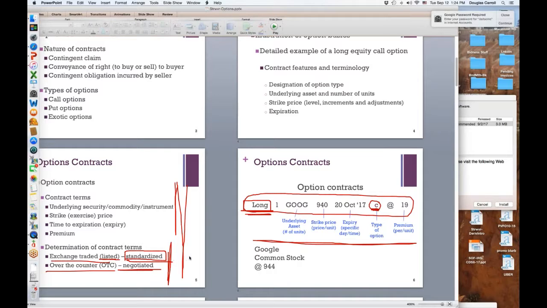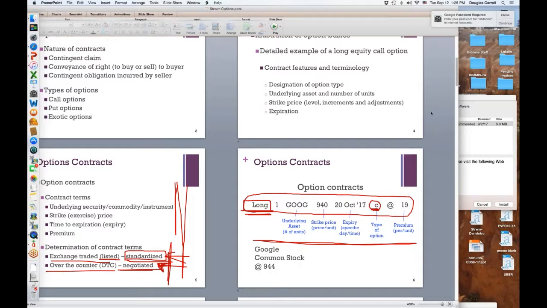But the point is that if it's an exchange traded option, the only thing the buyer and seller agree on is the price. All the other terms are set by the exchange. If it's an over-the-counter option, the buyer and seller negotiate all terms of the transaction, not simply the price, but all the terms of the option contract as well.